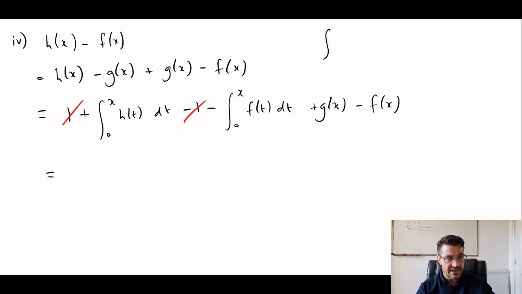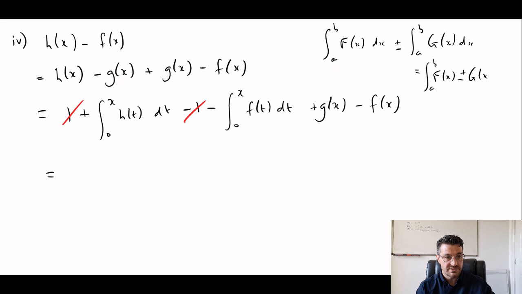Namely, if we've got the integral from a to b of f of x, maybe I shouldn't use f actually. I'll use uppercase F just to distinguish it. So F of x dx plus or minus the integral from a to b of g of x dx, then this is equal to the integral from a to b of F of x plus or minus g of x dx.